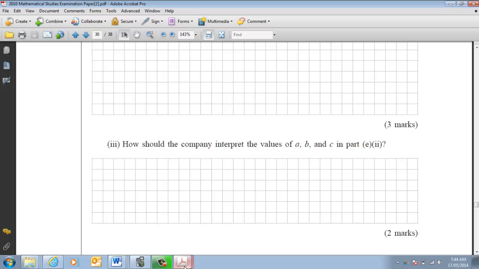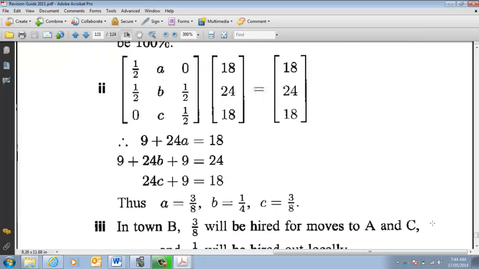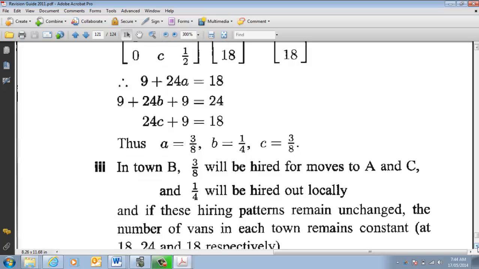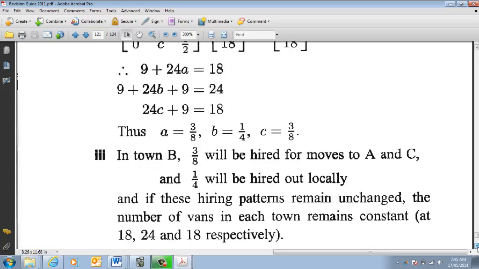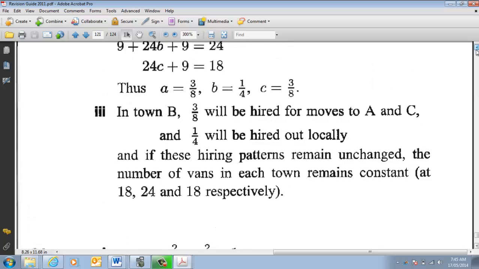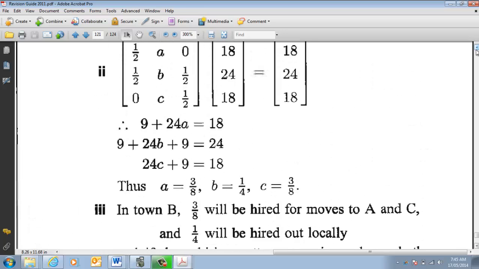Right, so then obviously out of your revision guide, which I'm showing you here, in town B, 3/8 will be hired and moved to town A and C, right? 1/4 will be hired out locally, that's B, and then the remaining cars will be hired out and moved to town C. Alright, so if you wanted to, you could actually work out exactly the number of cars as well. So this is a very typical example of a transition question that you will get in an exam.